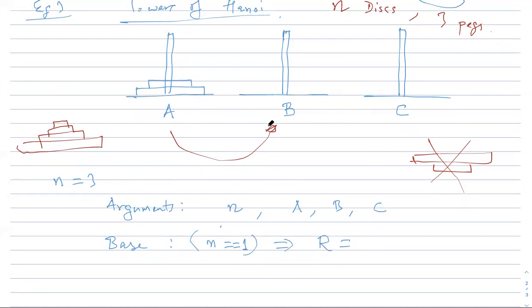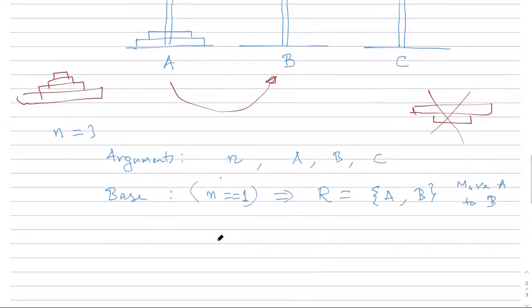Move A to B. And we can represent that step in a simple way, like move A to B. So this essentially implies move the disk from A to B. Very straightforward.